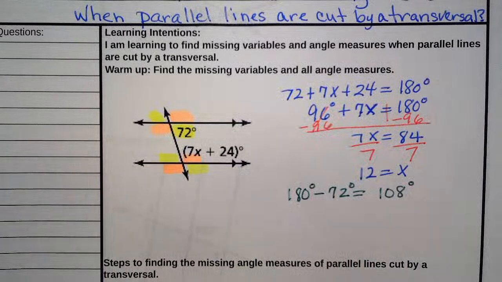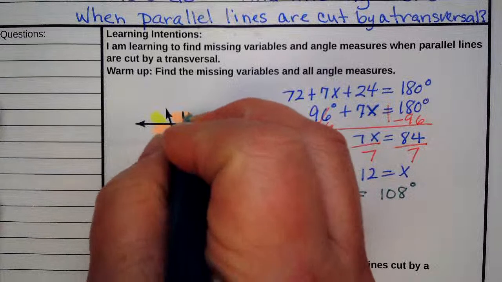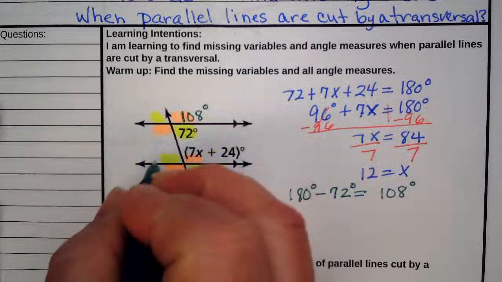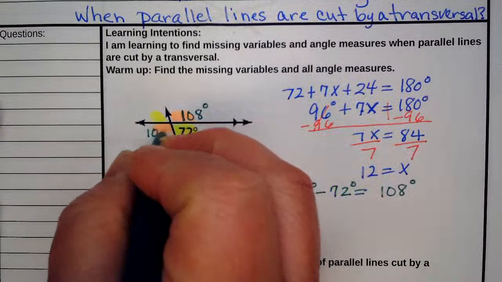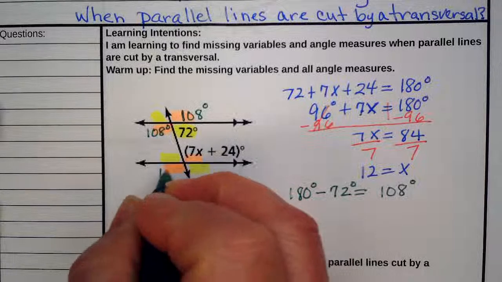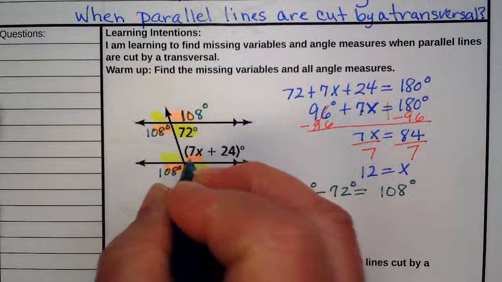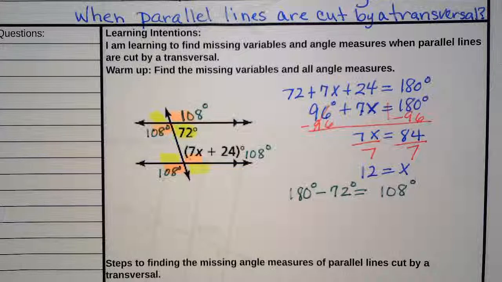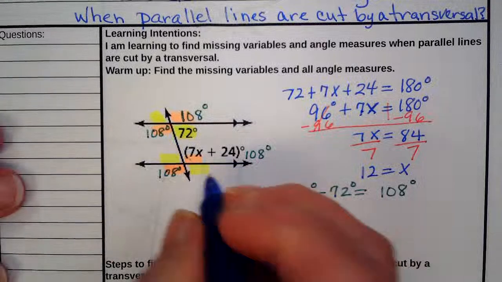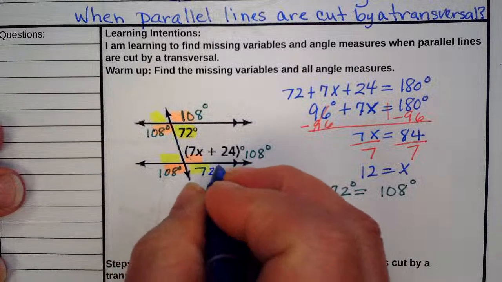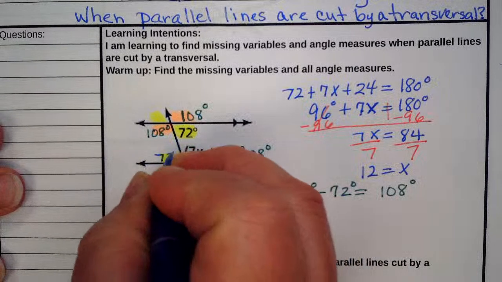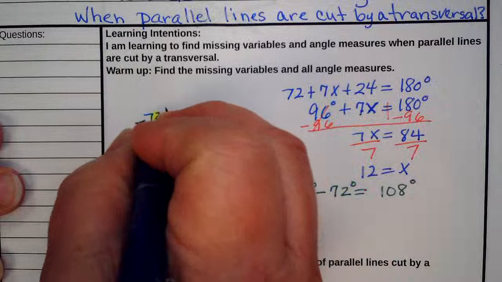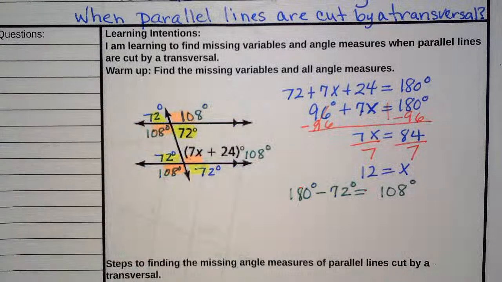All the ones in orange are 108 degrees. All the ones in yellow are 72 degrees. Any two angles are either supplementary or congruent.